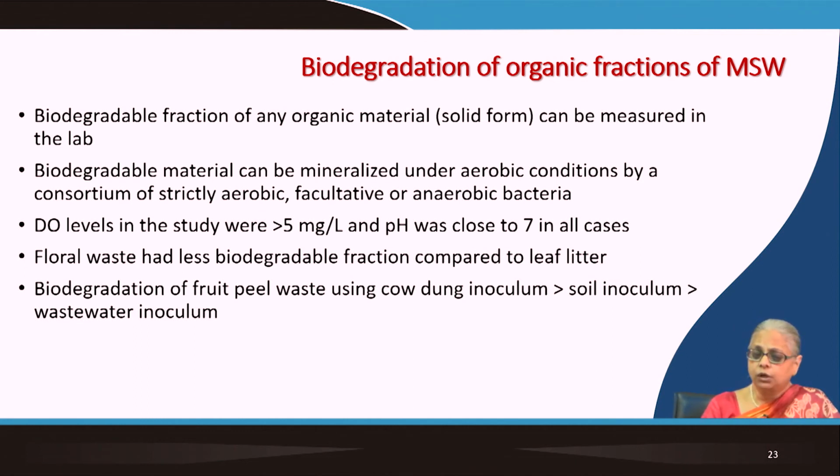We found that floral waste had less biodegradable material compared to leaf litter, and the biodegradation of fruit peel waste was affected by inoculum type, but not floral waste. So these are some of the major findings, and this is just a very small snapshot of everything that has been done, but for obvious reasons of time limitations, I'm not going too far.